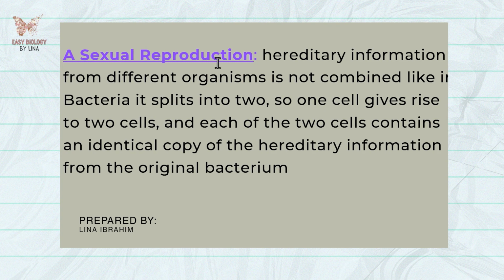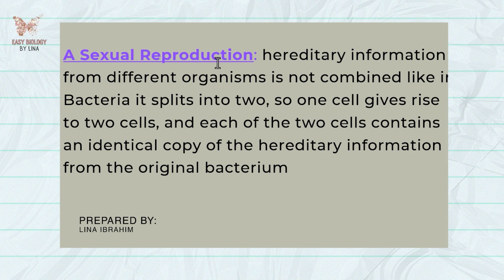In asexual reproduction, this one organism, like a bacterium, will divide into two bacteria. Now these two bacteria are identical copies of the first bacterium.